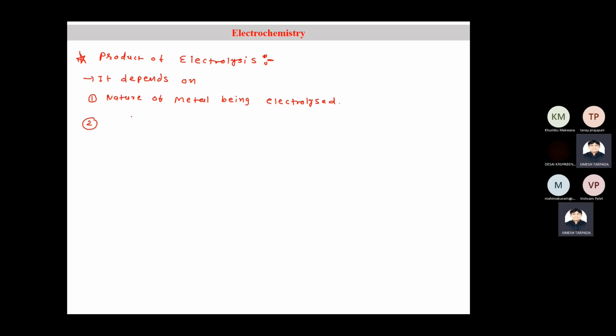Second is the type of electrode used. And the third factor is the inert electrode.